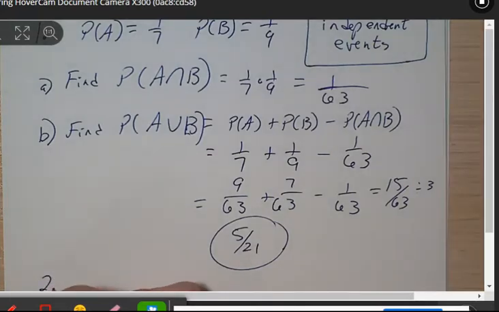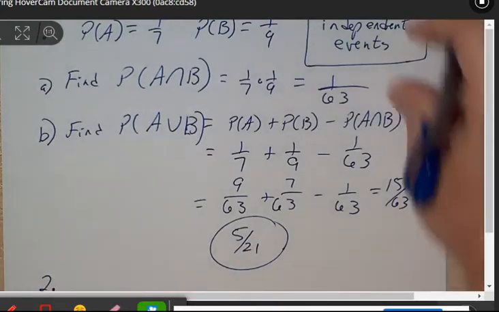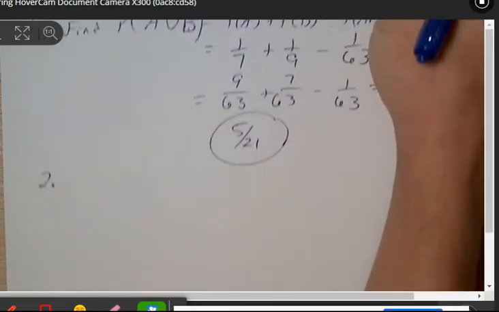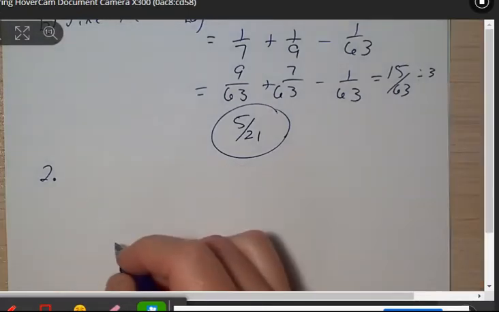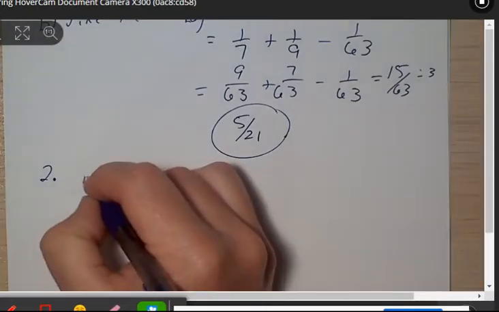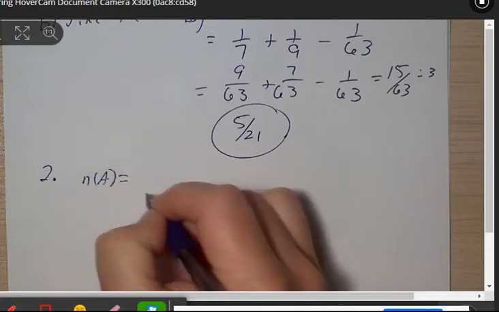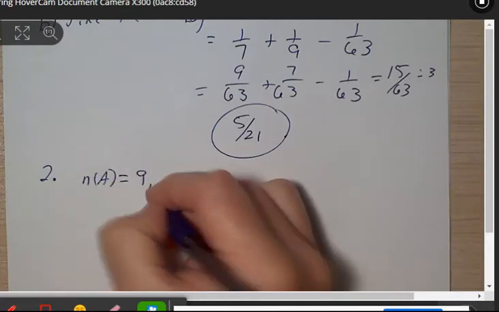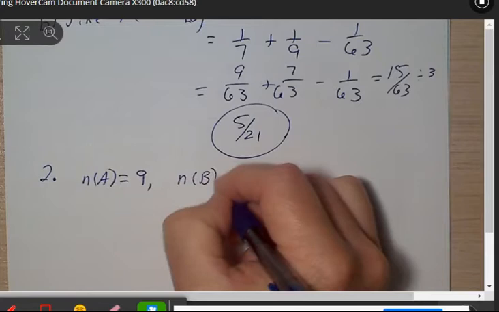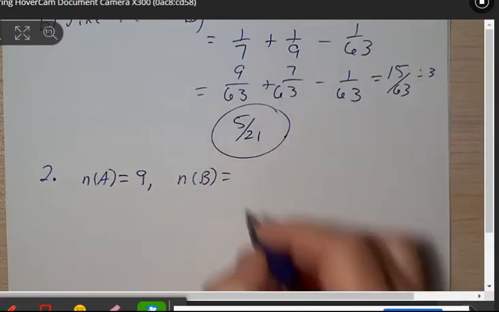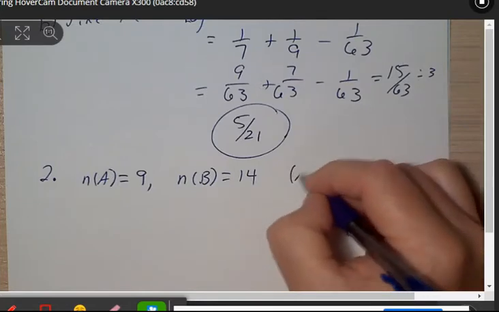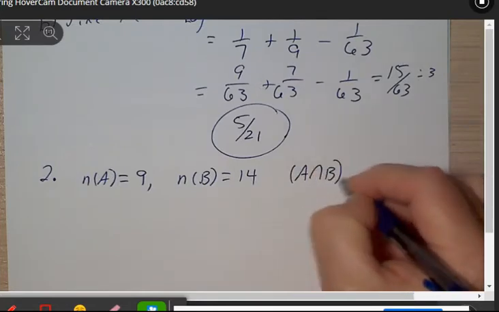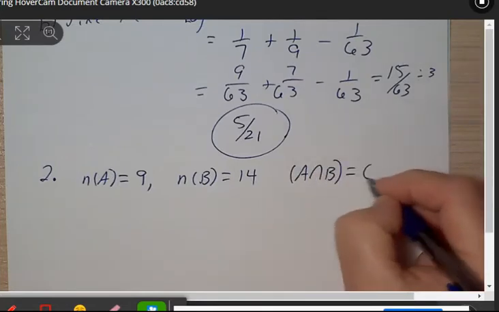All right, question number 2. It asks you to use a Venn diagram, and you really don't even have to use a Venn diagram on this one. It tells you that the number of A is 9, the number of B is 14, and A intersect B is 6.